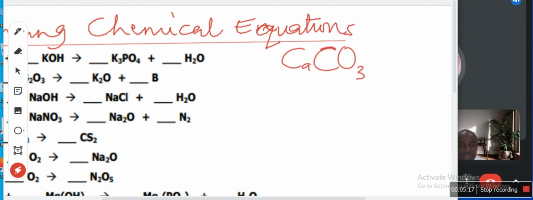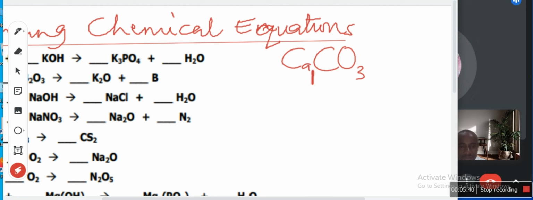If you have an element without any number as a subscript, it means the number is 1. So we have 1 carbon atom. How many calcium atoms? Ca is together, that's the symbol of calcium.